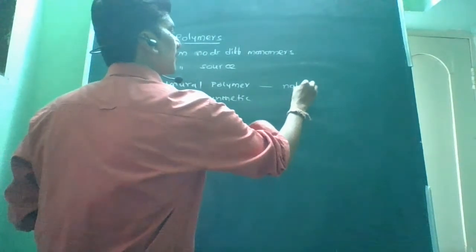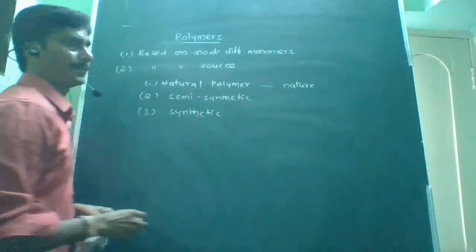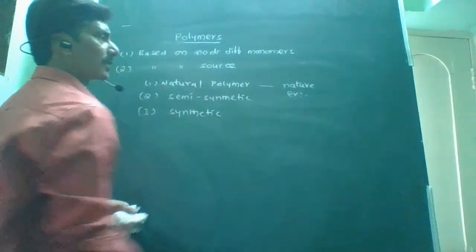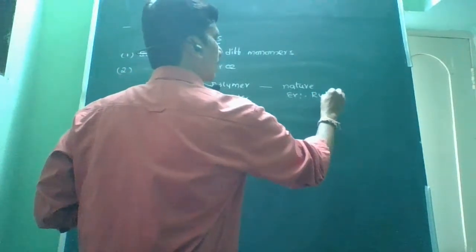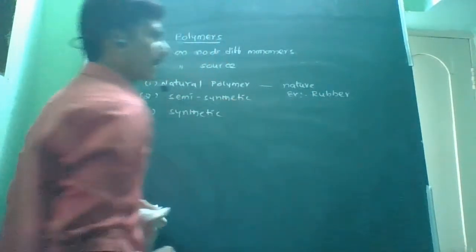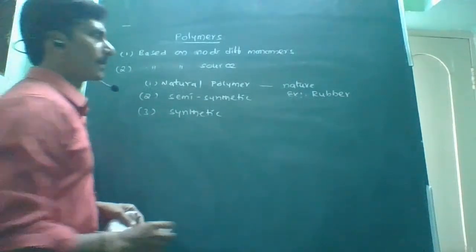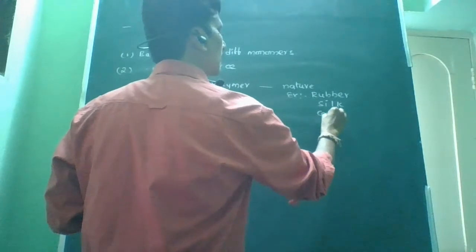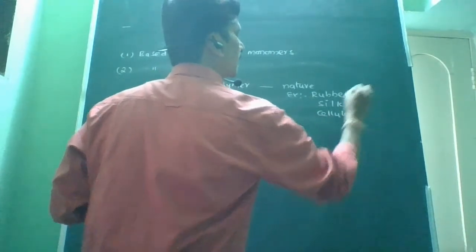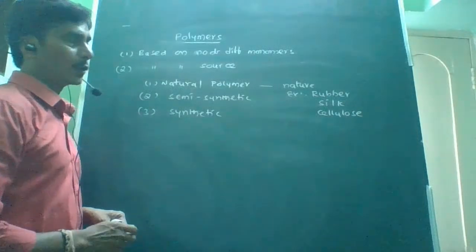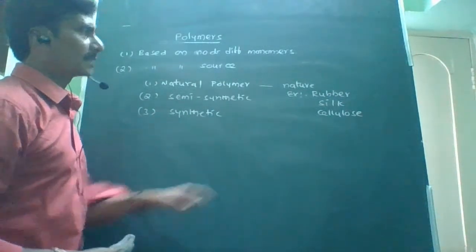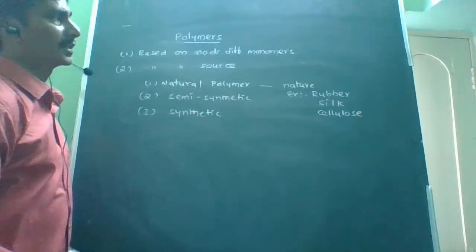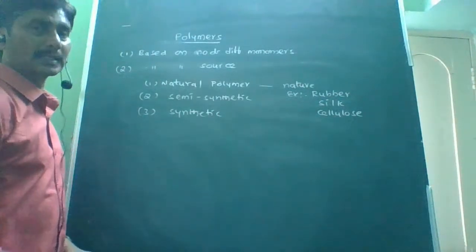Natural polymers are obtained or present in nature. Examples: a well-known example is rubber, silk, cellulose. These are some common examples for the natural polymers. They are present in nature, that is in animals as well as in plants.